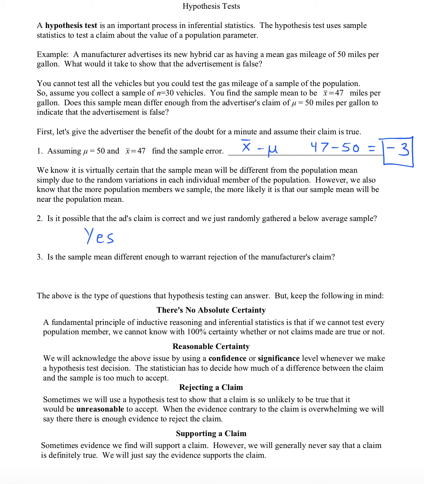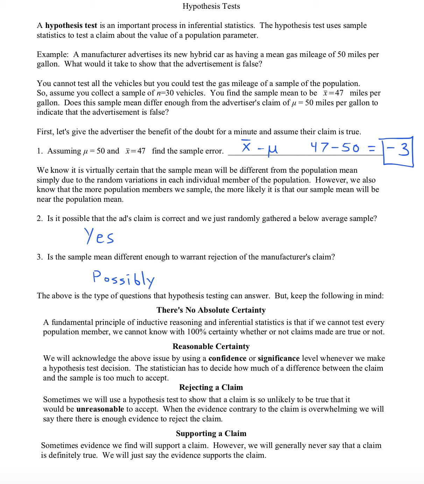Is the sample mean different enough, though, to warrant rejection of the manufacturer's claim? Possibly. And that is the subject of this section. So, the above type of question is one that hypothesis testing can answer.